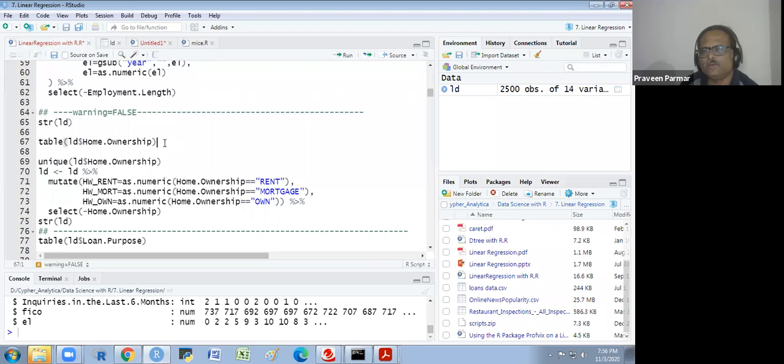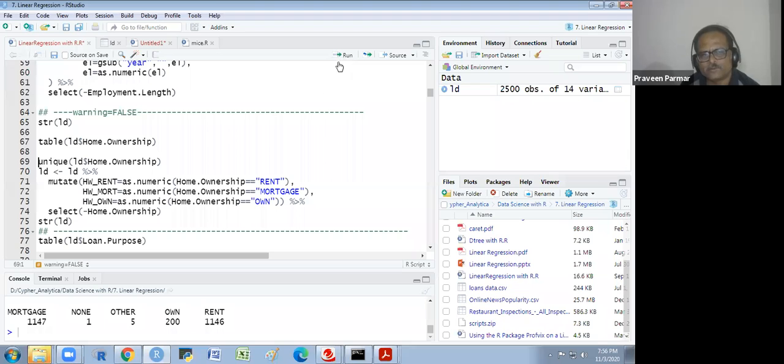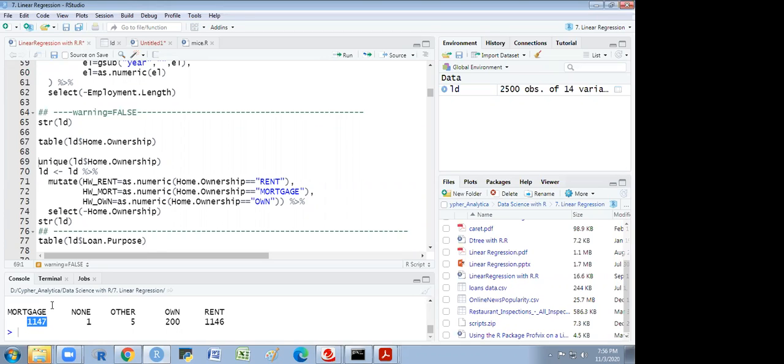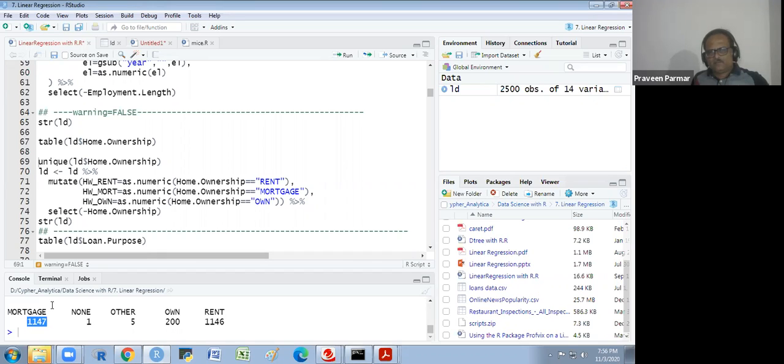Now we see about the home ownership. We see the table of this, or we could see the unique values also if you want. You see mortgage, we have 1147 homes. The person has taken the loan. They have taken the home loan. So it is mortgage in the bank. They're just paying the EMI. Home is mortgage. None is one. None, we don't know what it means.